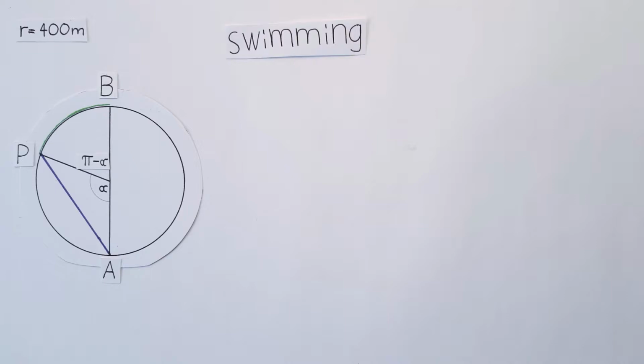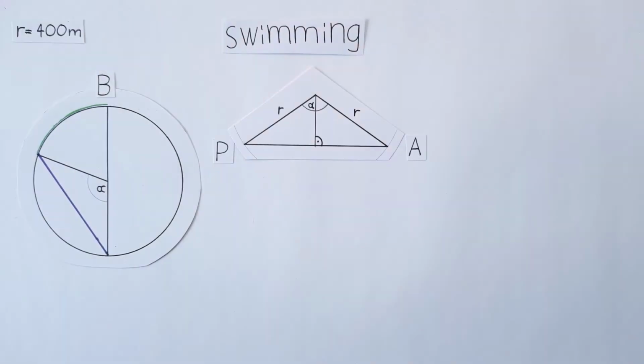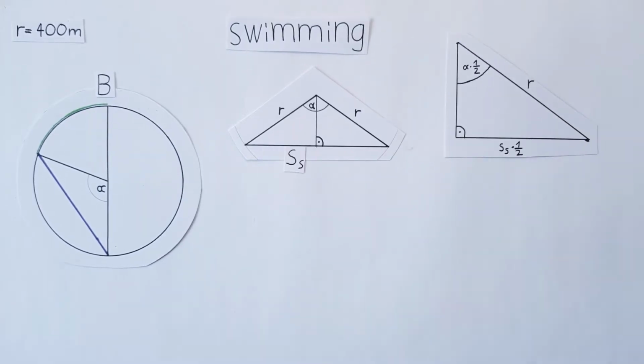Now to the swimming distance. Imagine we cut out the triangle A to the midpoint P. This is not a right-angled triangle and therefore it's difficult to calculate the side SS. But we can cut the triangle in half in order to calculate half of the swimming distance.